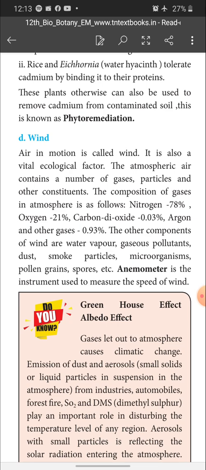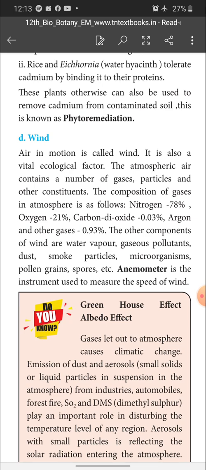The composition of gases in atmosphere is as follows: nitrogen 78%, oxygen 21%, carbon dioxide 0.03%, argon and other gases 0.93%. The other components of wind are water vapor, gaseous pollutants, dust, smoke particles, microorganisms, pollen grains, spores, etc.